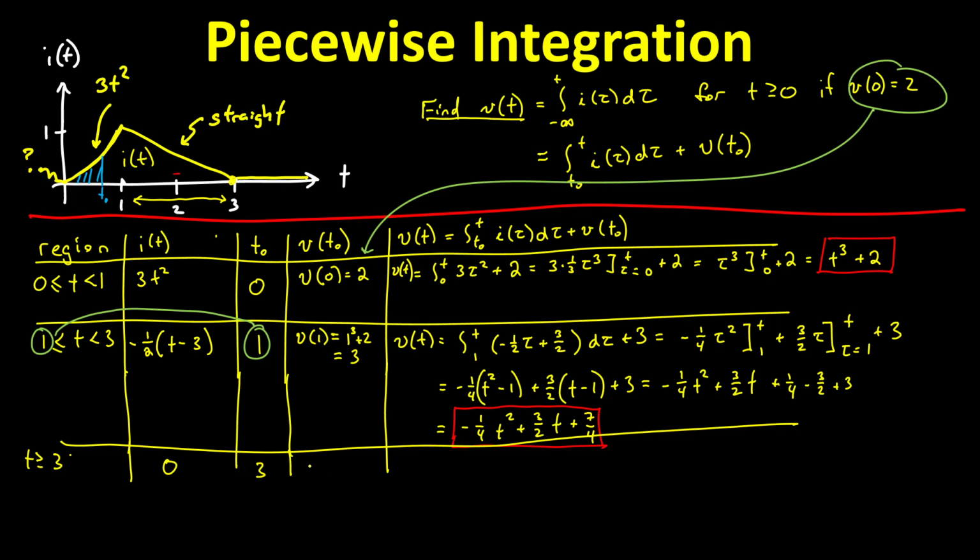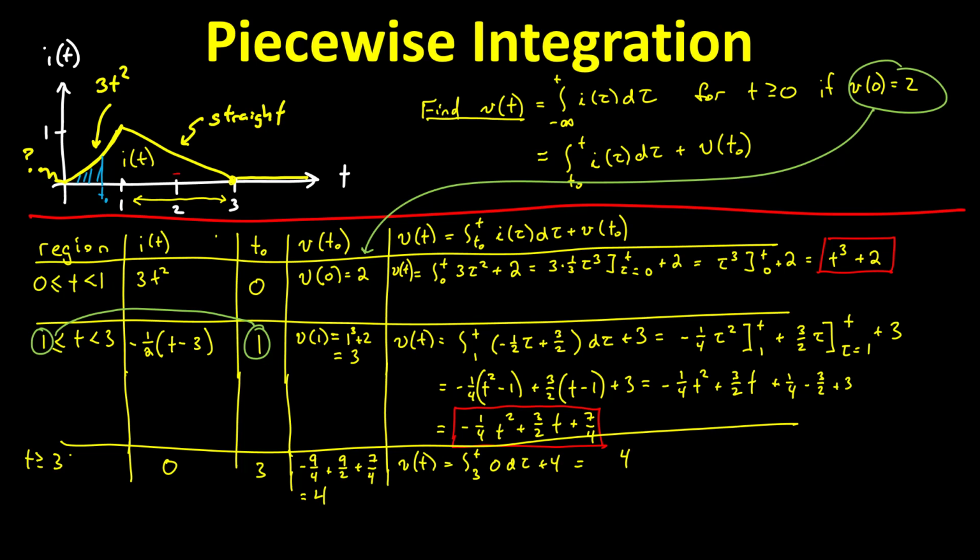So that's going to be minus 9/4 plus 9/2 plus 7/4. And that abomination is equal to 4. And so our v of t is going to be equal to the integral between 3 and t of 0 d tau plus 4. Well, the integral of 0 is going to be 0, so it's just equal to 4.